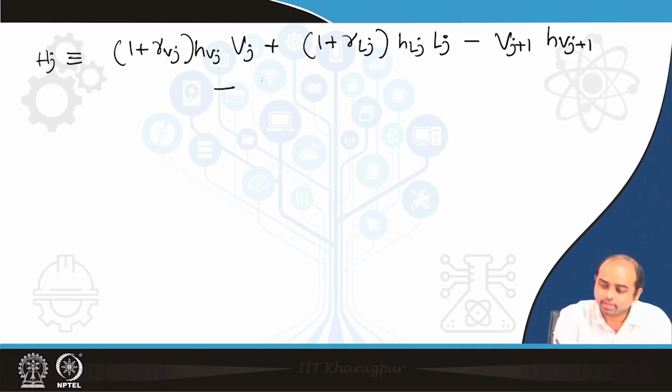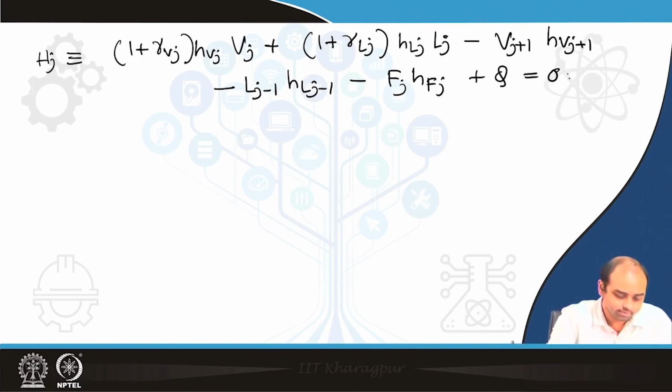This is the vapor entering the system with its enthalpy, this is the enthalpy of the liquid entering the system, this is the enthalpy of the feed stream, and here is the external heat.